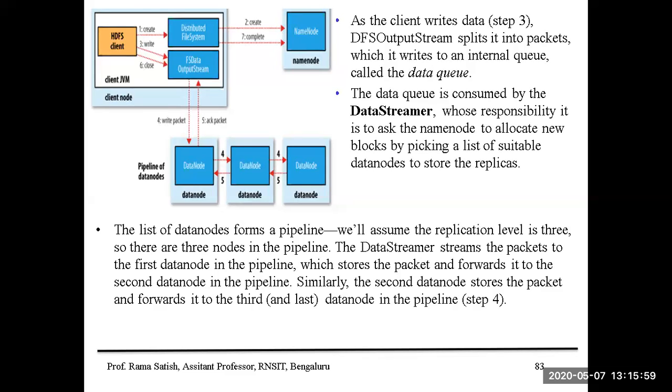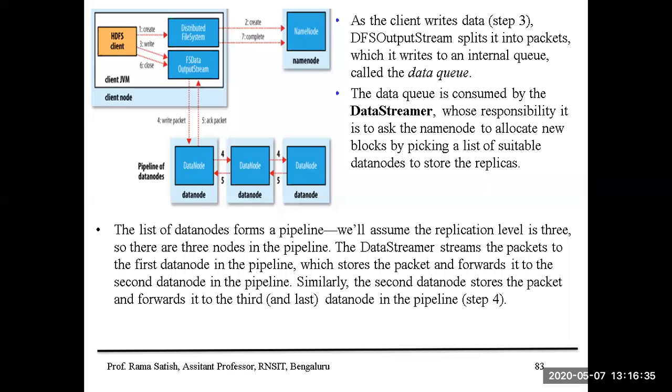The data streamer streams the packets to the first data node in the pipeline, which stores the packet and forwards it to the second data node in the pipeline. Similarly, the second data node stores the packet and forwards it to the third, which is the last. This is how the data is actually stored, and each block is stored in 3 different places.